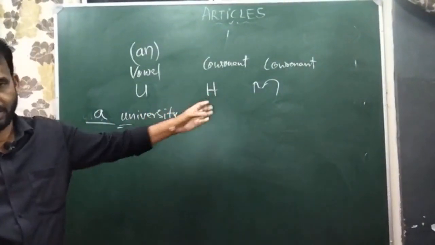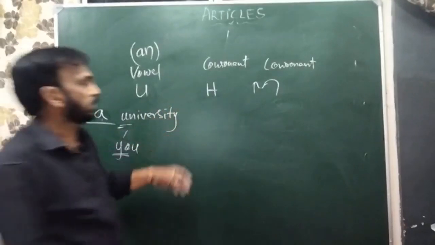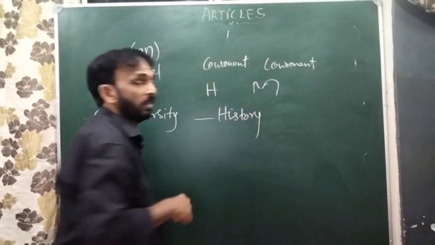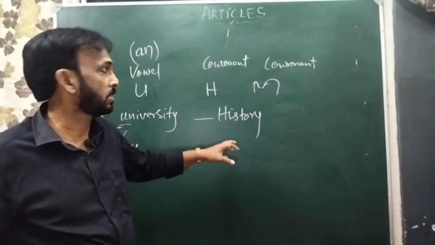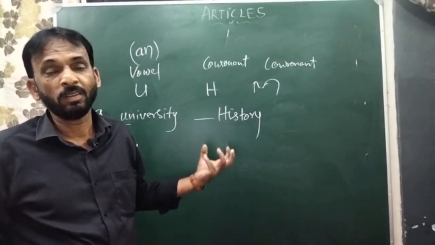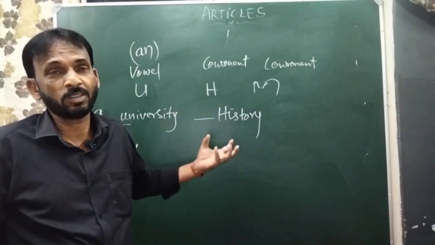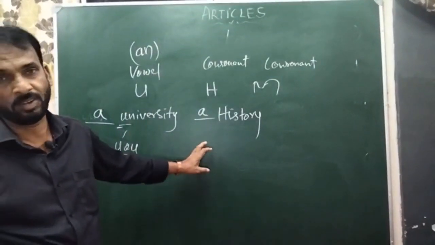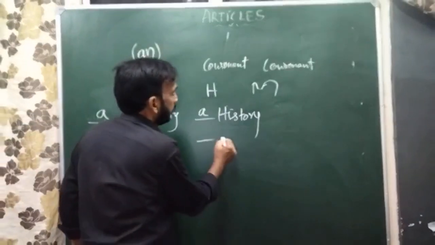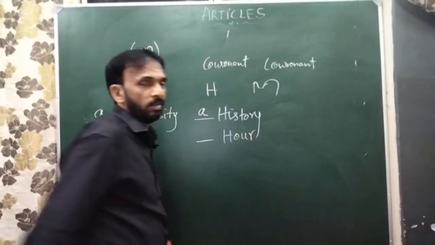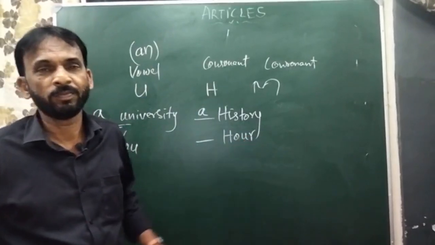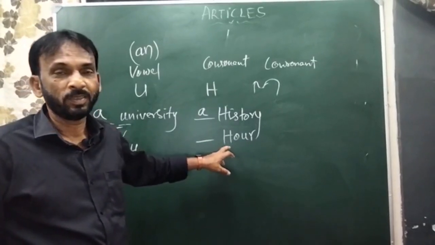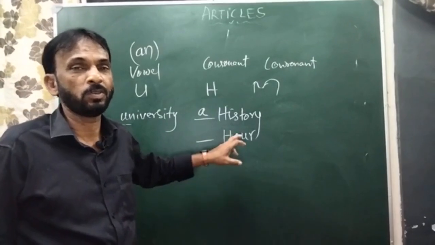Like that. For example, H. If I want to use an article for history, the sound of the first letter H is ha, which is a correct sound. So we have to write a history, not an history. But in case I write the word hour, how does the first letter produce its sound?